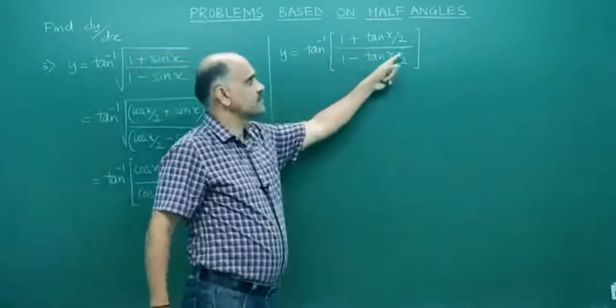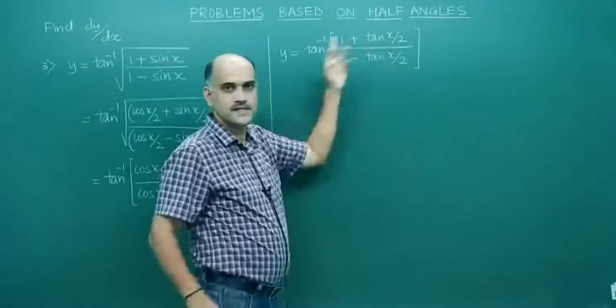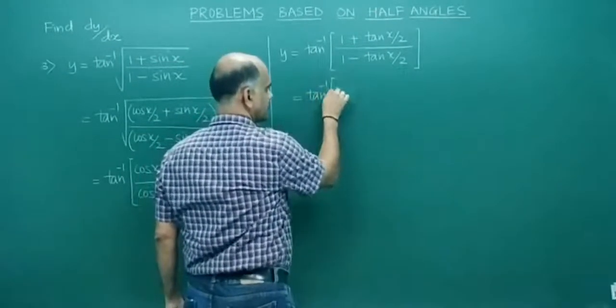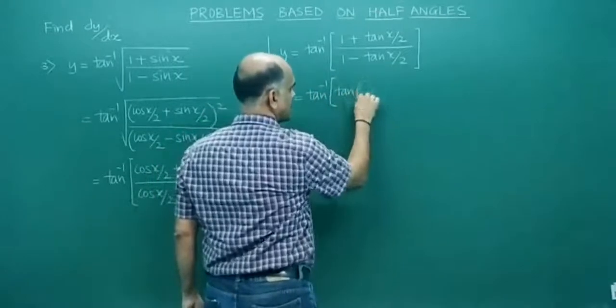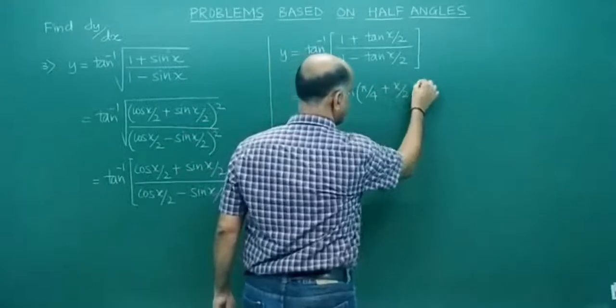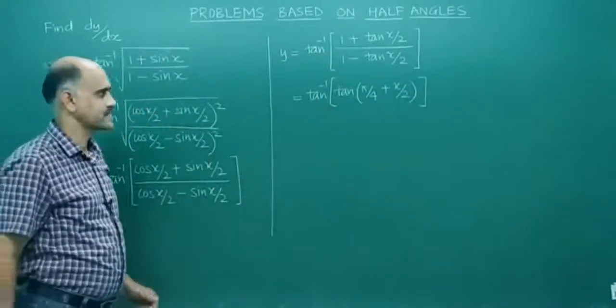So now if you observe this bracket, again it is the formula for tan pi by 4 plus x by 2. So you will have tan inverse into bracket tan pi by 4 plus x by 2.